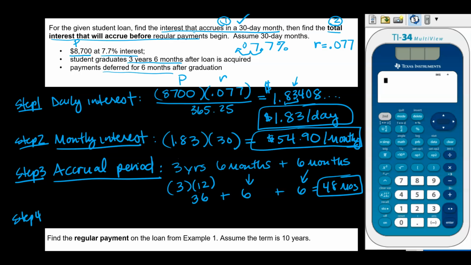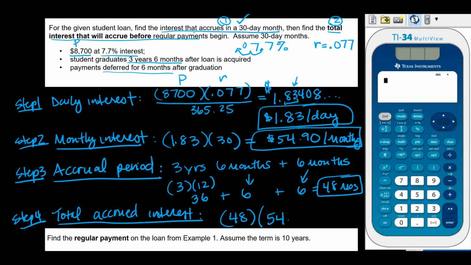Step 4 is we're going to find the total accrued interest while they were in school. We take the number of months, 48, the accrual period, times the monthly interest, and we get $2,635.20.